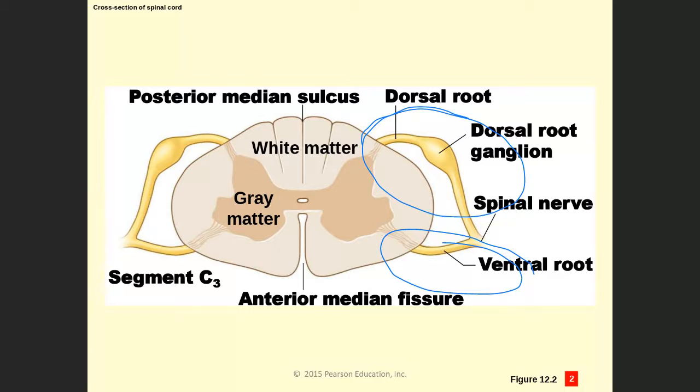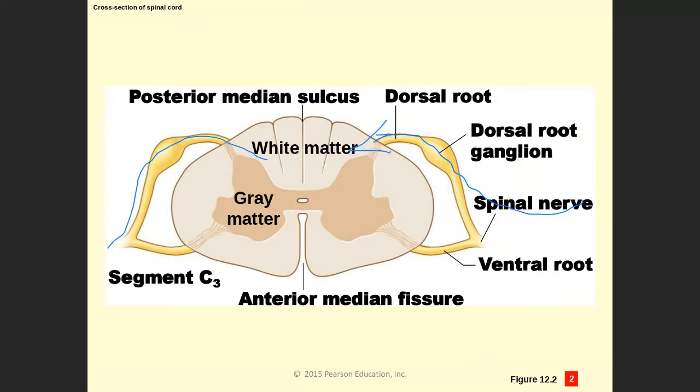And so what happens is information that is coming into the central nervous system, not from outside the body necessarily, will come in via the dorsal root. So information entering always goes this way in, whether it comes from the left side or the right side.